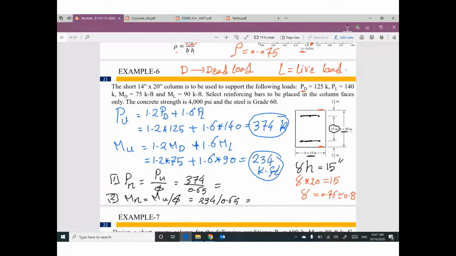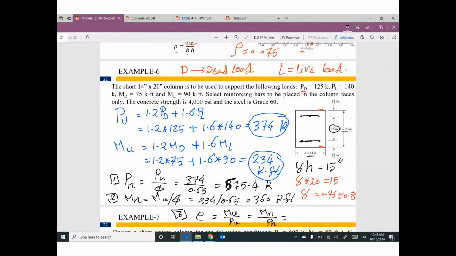Third step, eccentricity: you have two options, M ultimate divided by P ultimate or Mn divided by Pn, and they will give you the same answer, believe me. So 374 divided by 0.65 will be 575.4. 234 divided by 0.65 will be 360. This one is kip, this one is kip foot.